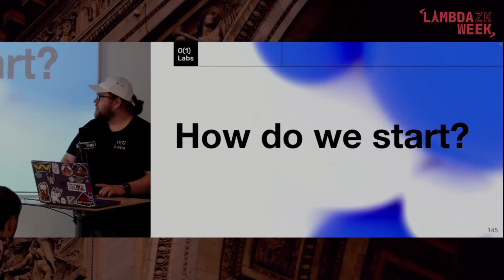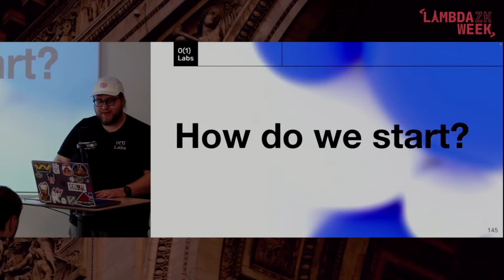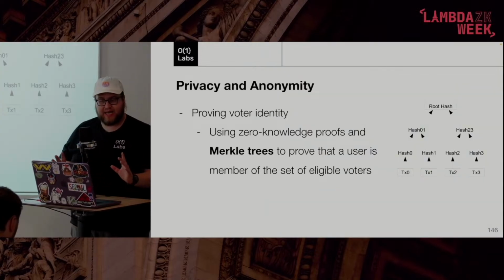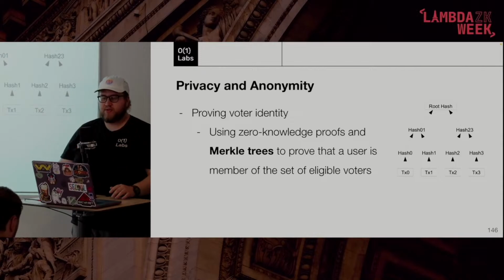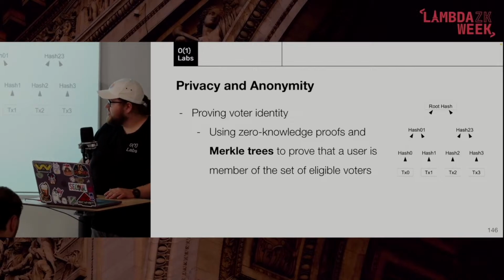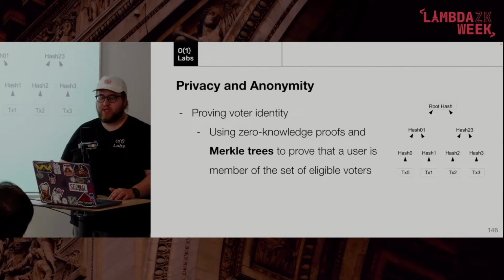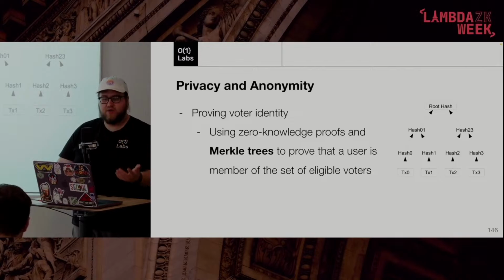And how do we do that? How do we start? It's just going to be a very high-level overview, introducing you to a potential architecture and potential solutions. In order to keep the state private and improve privacy of voter identity, we can simply use Merkle trees. I think most of you know what Merkle trees are, but they allow you to prove inclusion in a set.